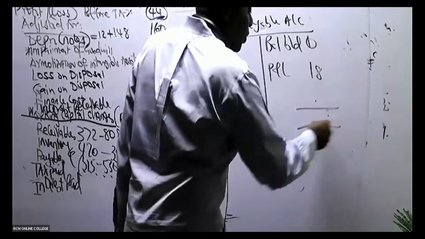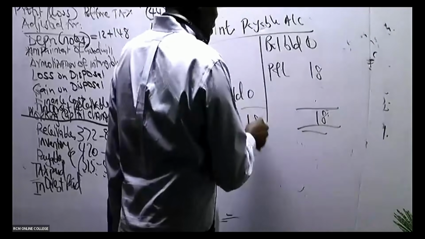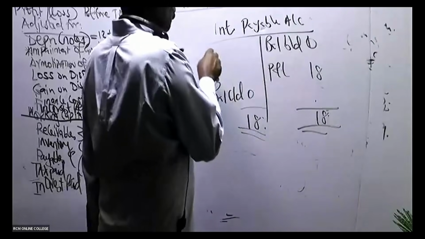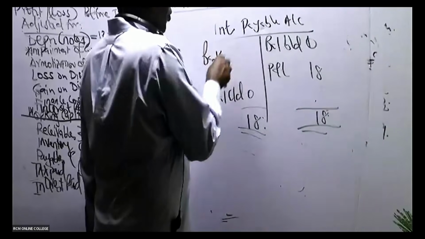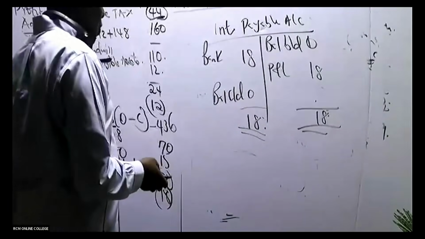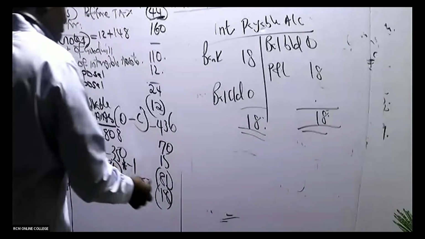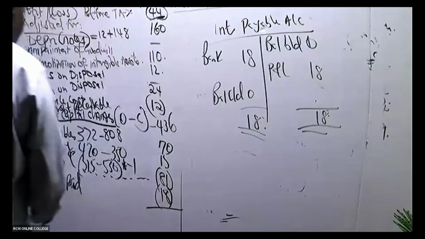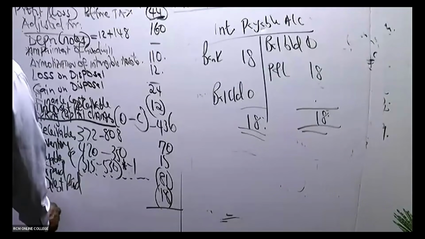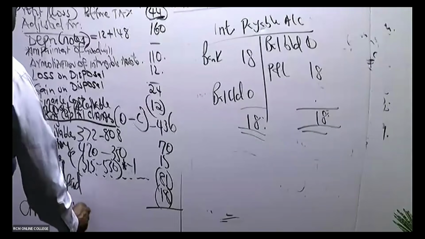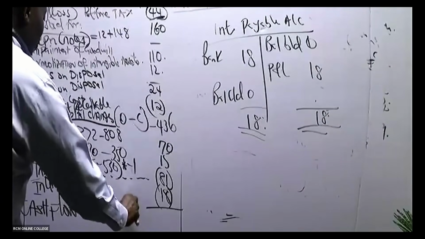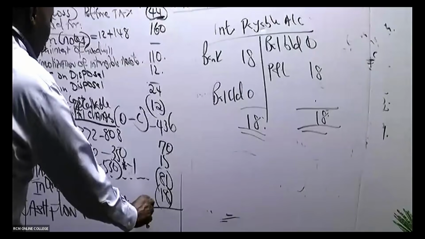If we balance this, we get 18 on both sides, meaning that for it to move from 18 to 0, there is bank for interest paid, which is 18. So the interest paid here is 18. Then please underline this and give me the cash flow from operations.